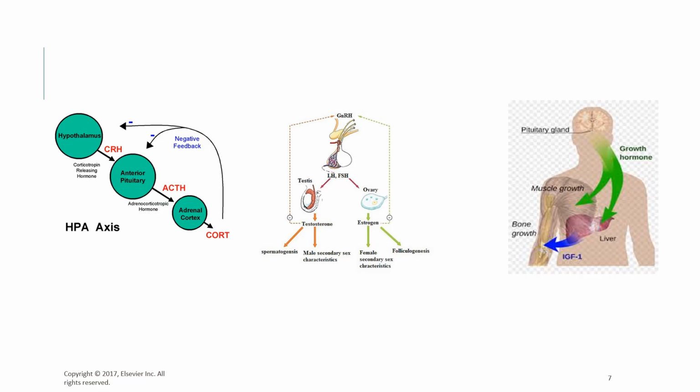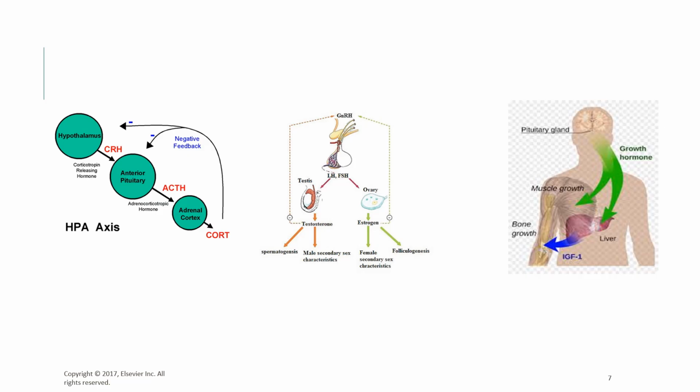So referring to the figure on your left first is the hypothalamic pituitary adrenal axis, which is more commonly known as the HPA axis. This is a complex set of direct influences and feedback interactions among the 3 components of the hypothalamus, the pituitary gland, and the adrenal glands.